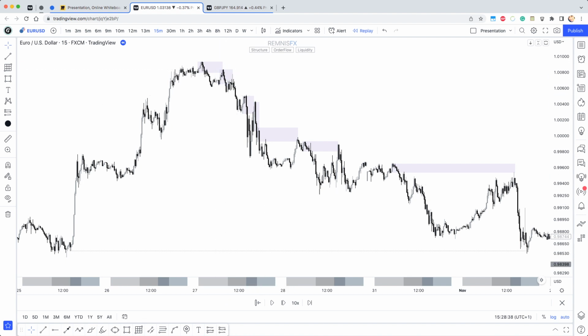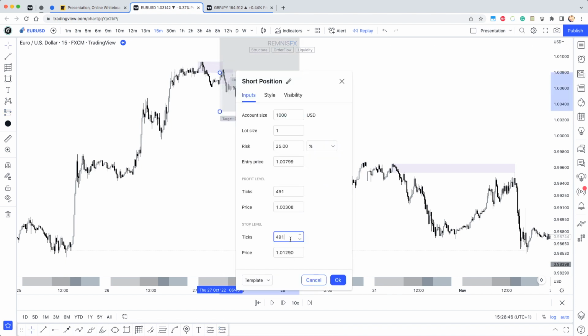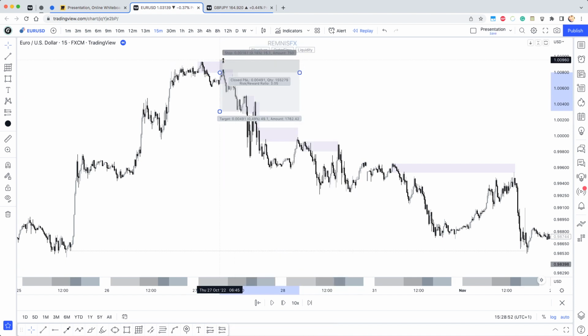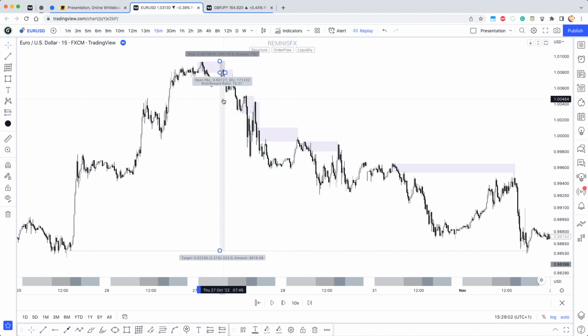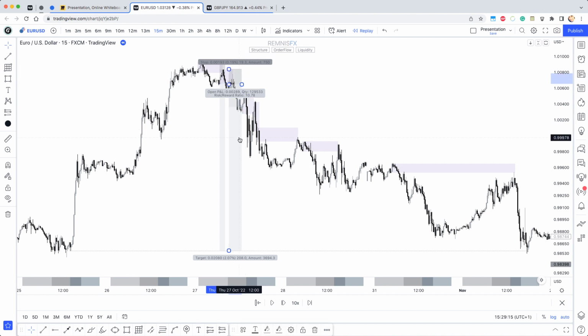So even if you had entered just according to your order flows, right, let's mark it like this. Let's say this is 1 and this here is number 2, right? And let's get below the purple and above the purple, okay?